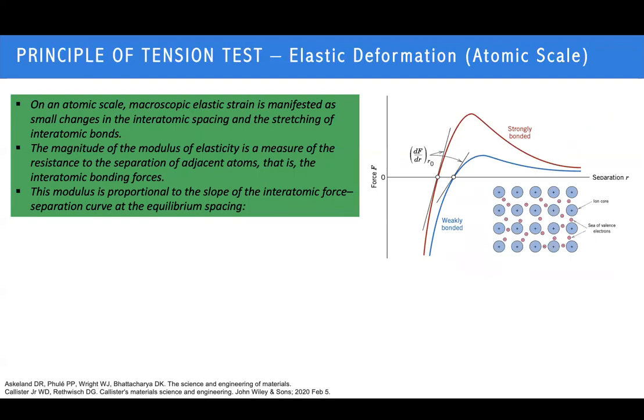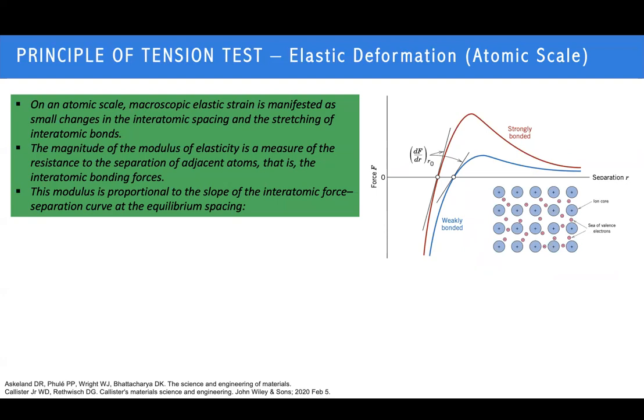On the atomic scale, elastic deformation consists of small changes in the interatomic spacings and stretching of the interatomic bonds.